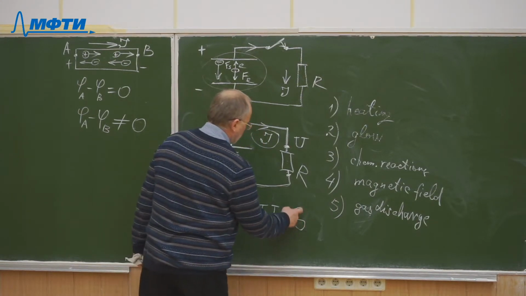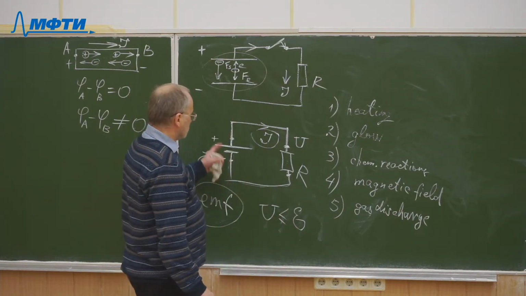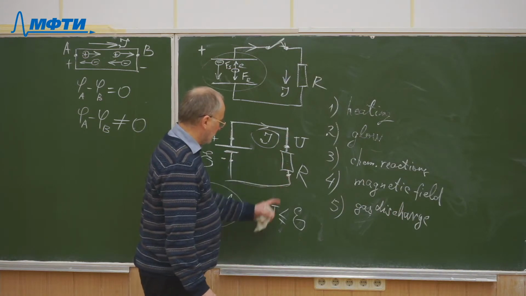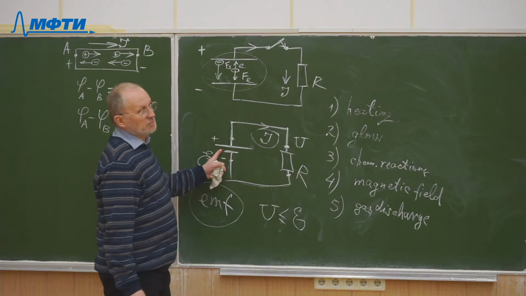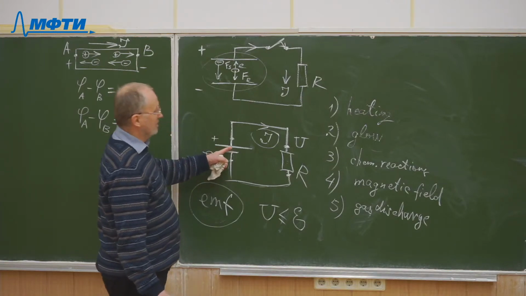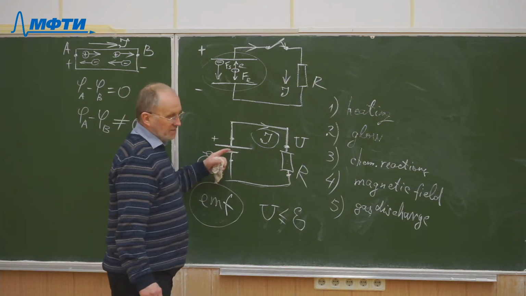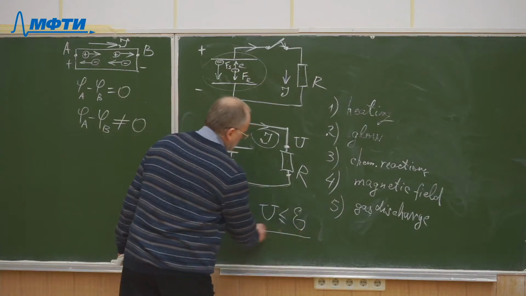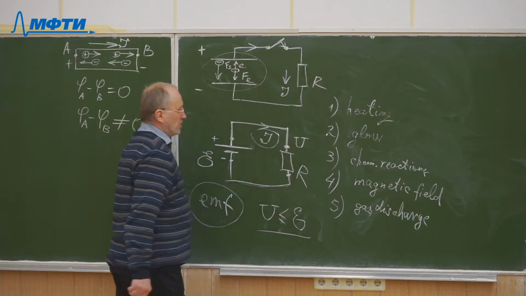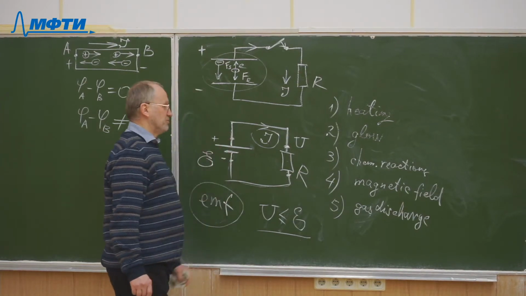That is, the voltage of the battery is larger than the voltage in the outside circuit if the battery has some internal resistance. That's actually always the case, that the battery has some small internal resistance. So the potential difference on the outside resistor is smaller than the electromotive force of the battery.